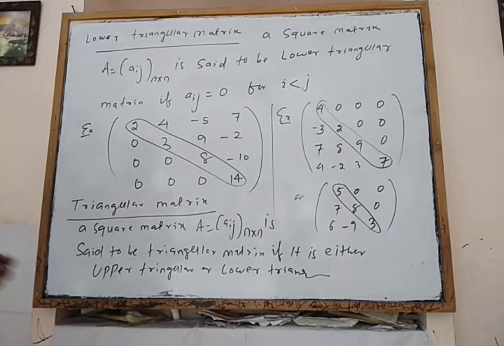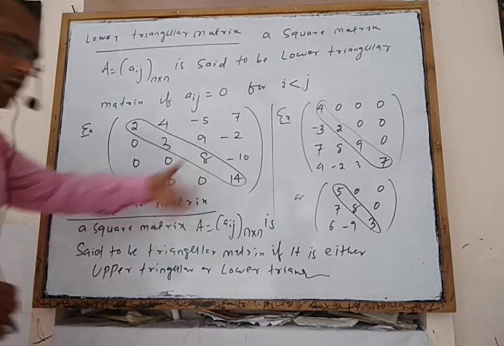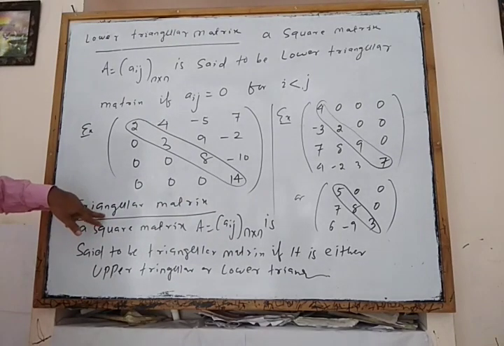If it is either upper triangular or lower triangular, then that square matrix is called a triangular matrix.